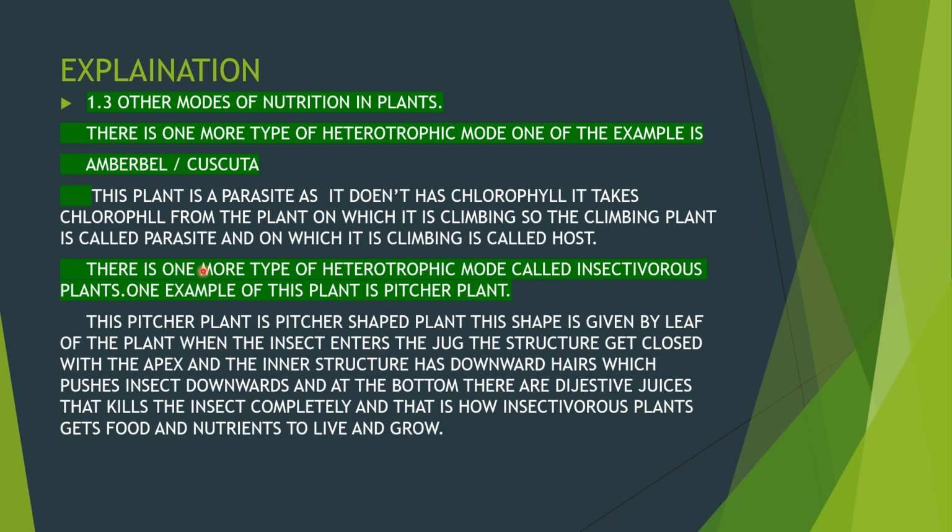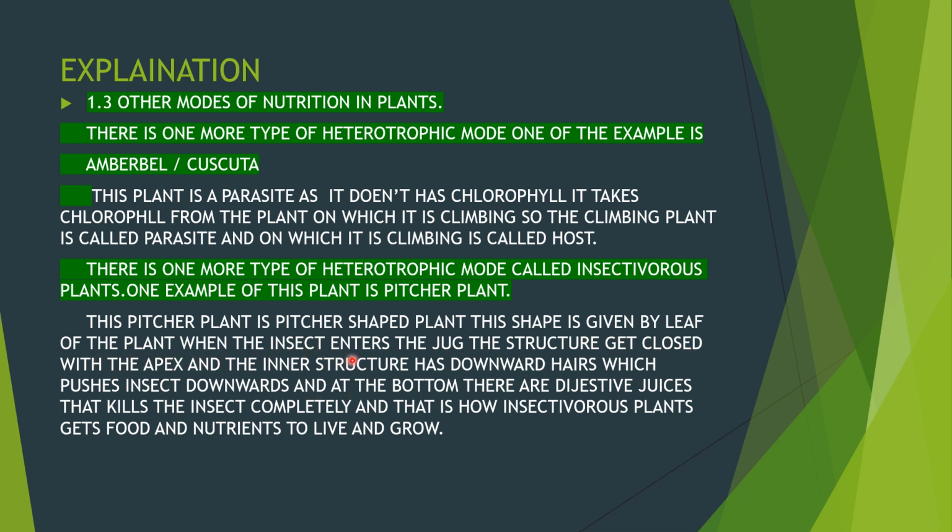There is one more type of heterotrophic mode, called insectivorous plants. One example of this plant is the pitcher plant. The pitcher plant is a pitcher-shaped plant, and this shape is given by the leaf of the plant.